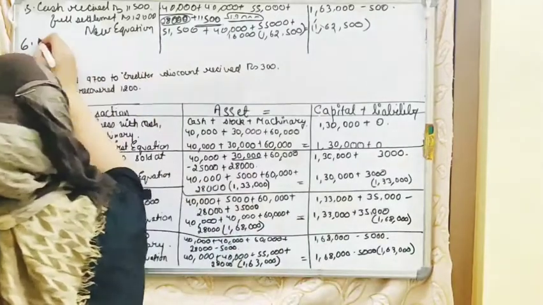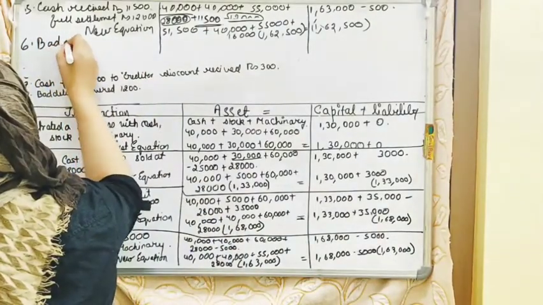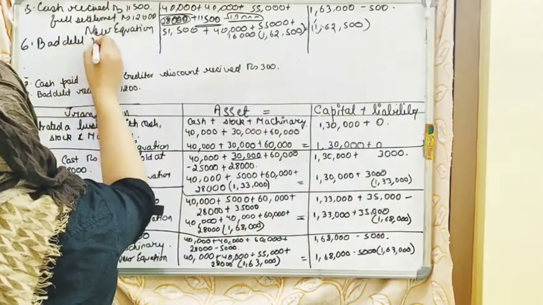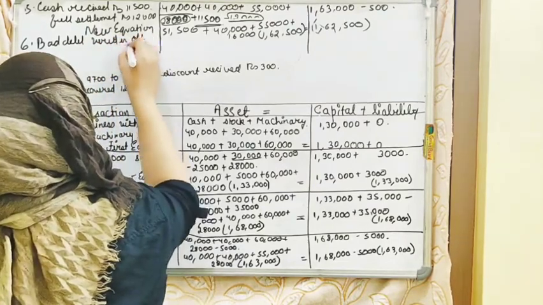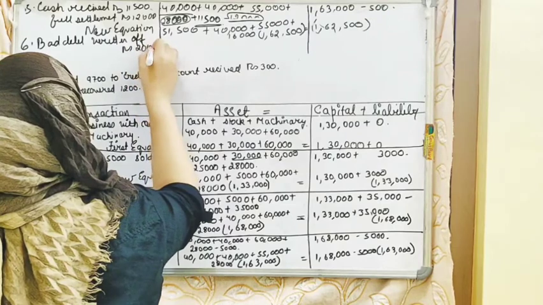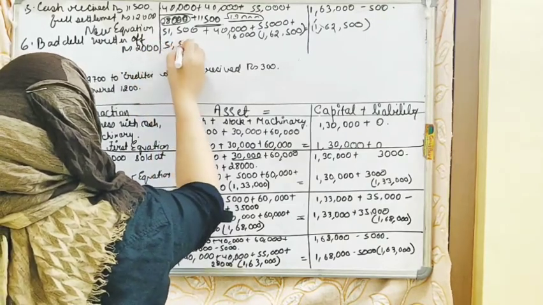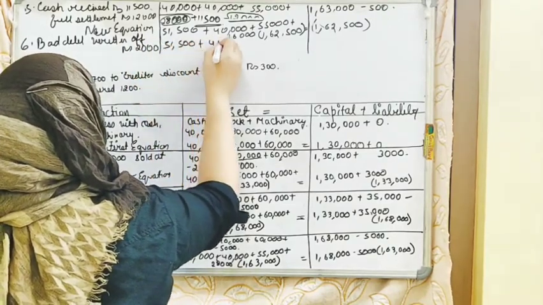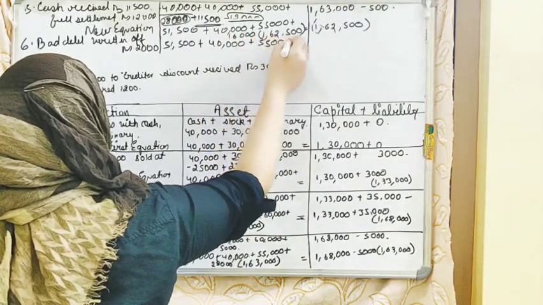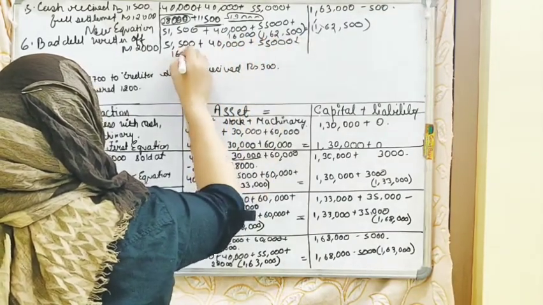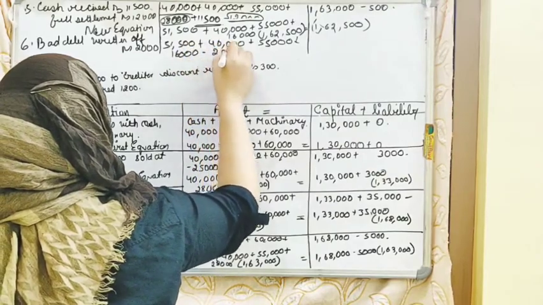The sixth one is bad debt written off, rupees 2,000. So we'll write 51,500 plus 40,000 plus 55,000 plus 16,000 minus 2,000.